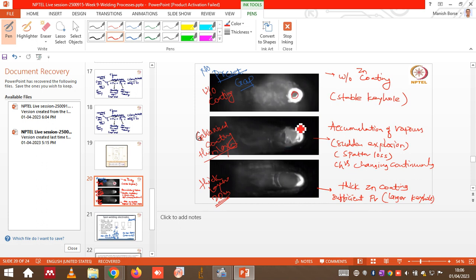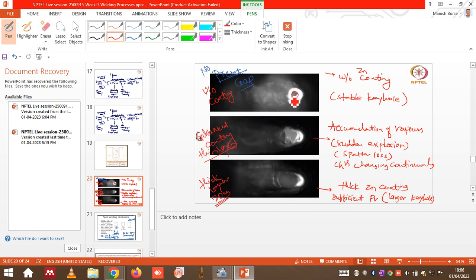During the laser welding operation, vaporization of the material will take place in the nugget zone. If there is no preset gap and there is no coating, then the keyhole is steadily expanding, right? The keyhole is forming, and once vapor pressure is built up in the nugget zone, the keyhole is formed.